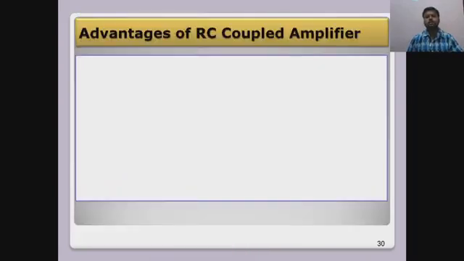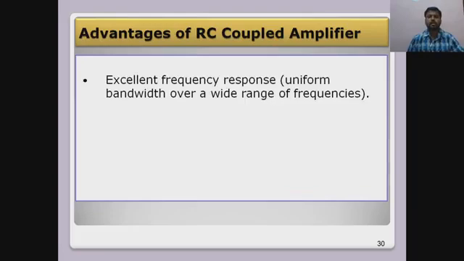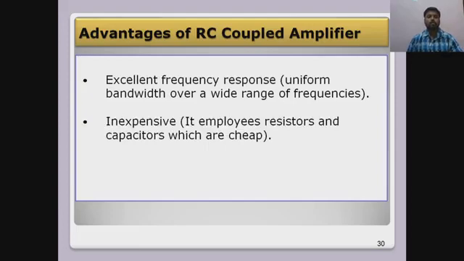The advantages of the RC coupled amplifier. What are the advantages? With the frequency response, we can say that there is an excellent frequency response or uniform gain over a wide range of frequencies, that is 50 Hz to 20 kilohertz. It is inexpensive because it uses very small components, resistors and capacitors, which are very cheap.